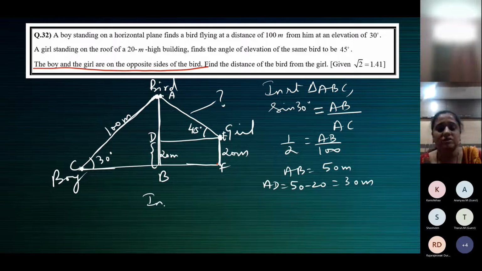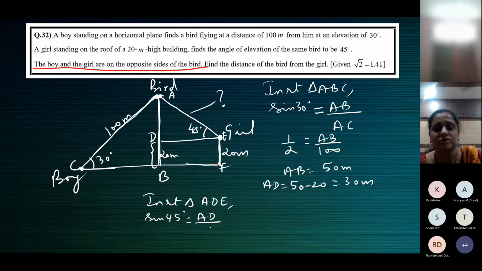Now in right triangle ADE, you need to find AE, the hypotenuse. And you know AD. So again, sine 45 is equal to opposite AD by hypotenuse AE. 1 by root 2 is equal to AD 30 by AE.